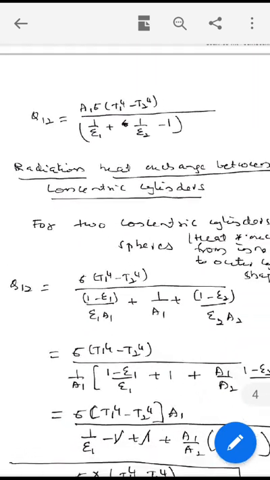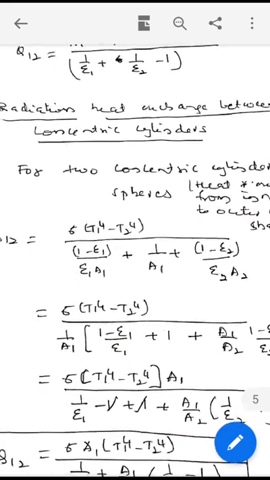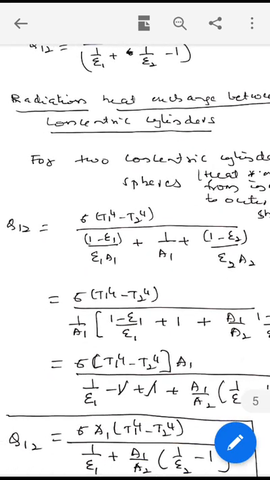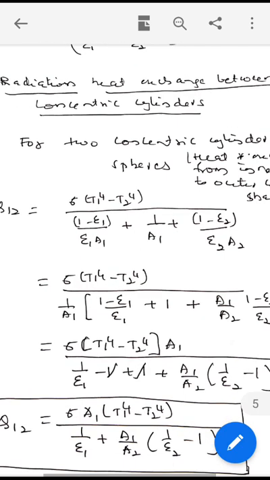Now, radiation heat exchange between concentric cylinders. For concentric cylinders, the radiation heat exchange from the inner cylinder 1 to the outer cylinder 2: the shape factor of 1 with respect to 2, 2 being the outer cylinder, will be equal to 1, F12 equal to 1.